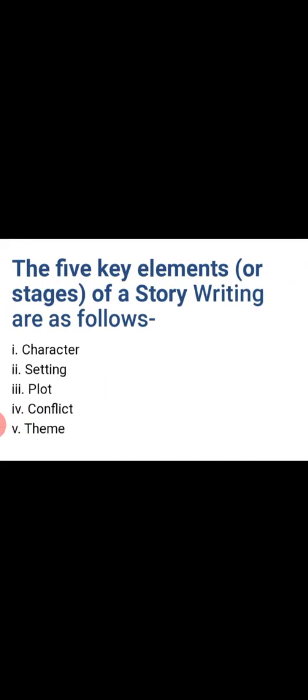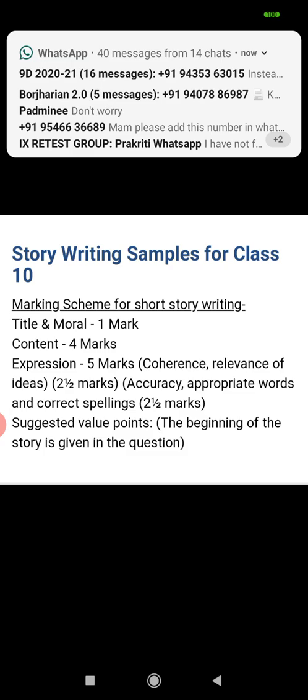Then the content. Now the content is what? The content is all these 5 elements, I should say. So this content will give you 4 marks. Next, expression. The way you are expressing your ideas through writing. The coherence, it should be related to each other. Relevance of ideas. That will give you 2.5 marks.